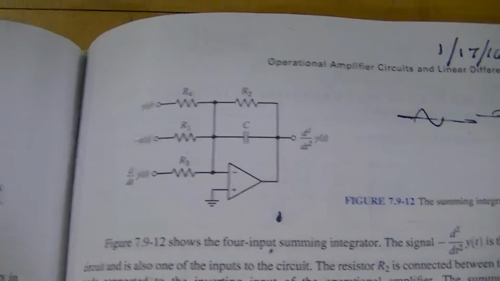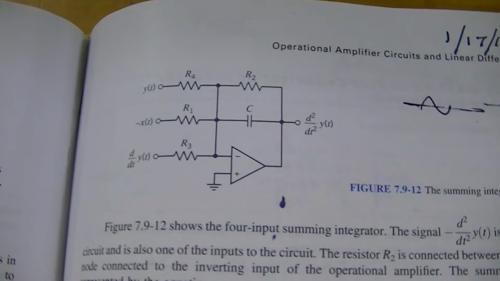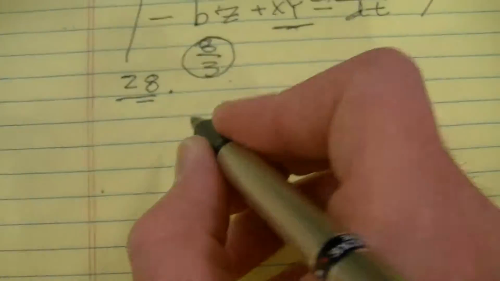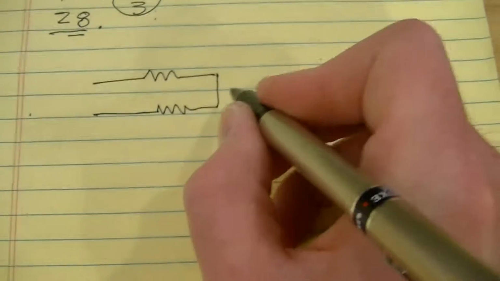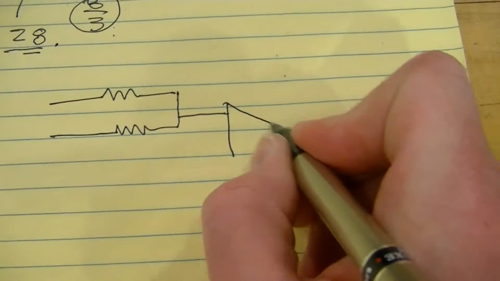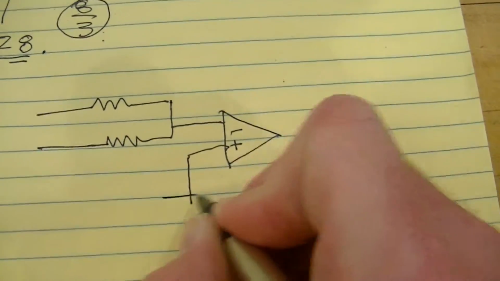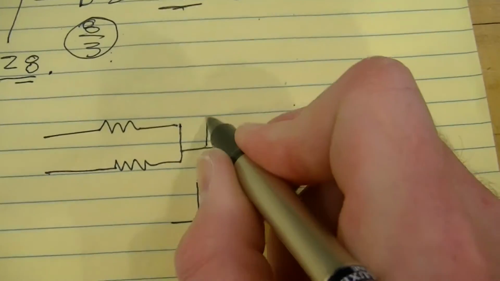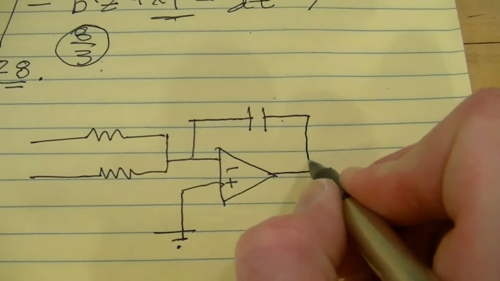Only we're not going to put R2 because that doesn't make much sense for our purposes. Basically, when you have a resistor junction across an op amp, and again, these are just notational symbols, the negative is the inverting input, the positive is the non-inverting input. And then you can put a capacitor across it.